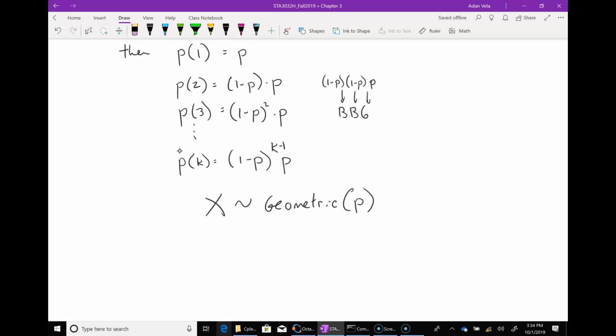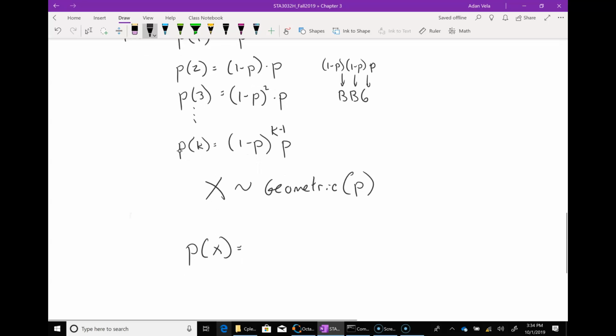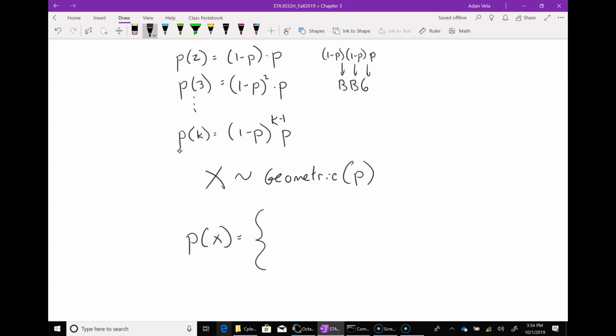Usually it's easier to write it as a function. And so usually we'll see discrete probability distributions written something like this, right?